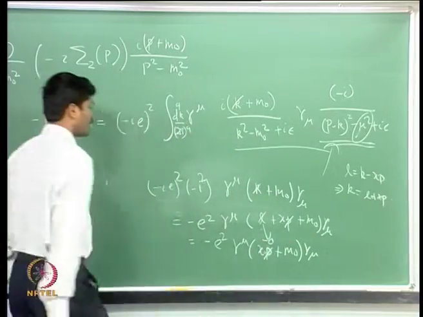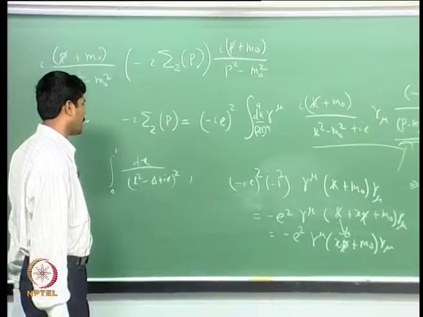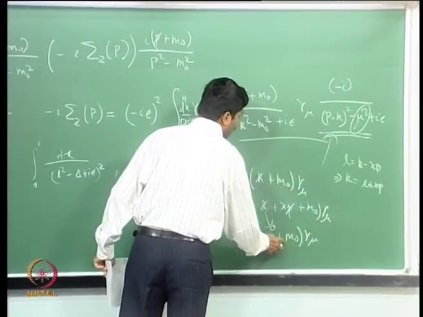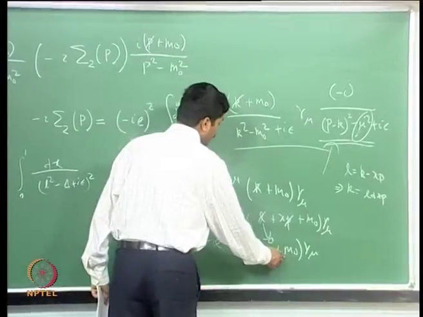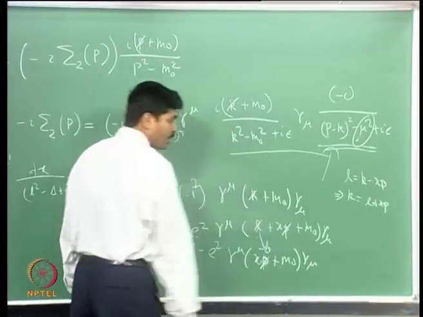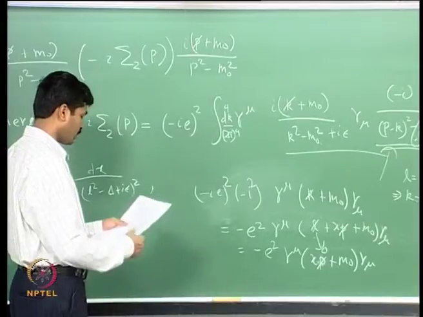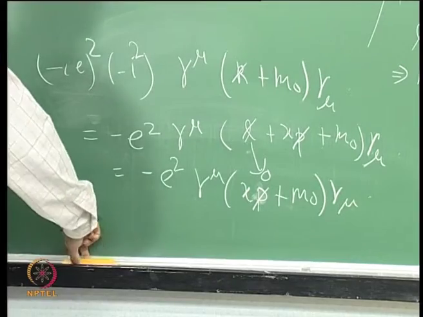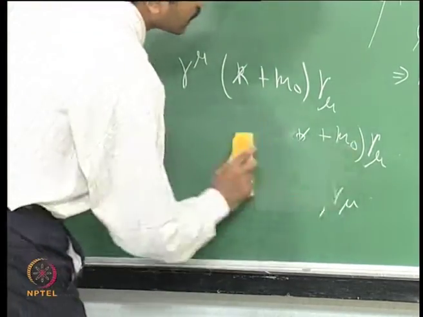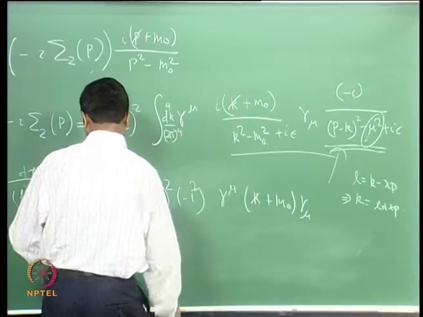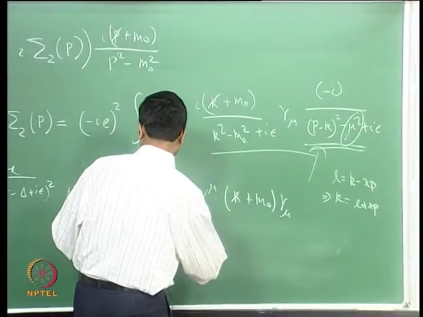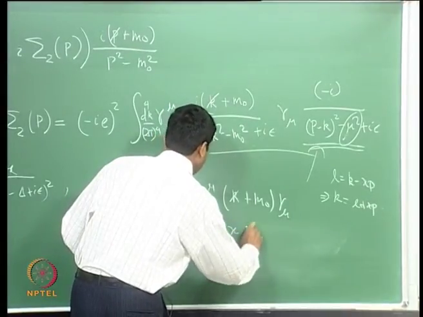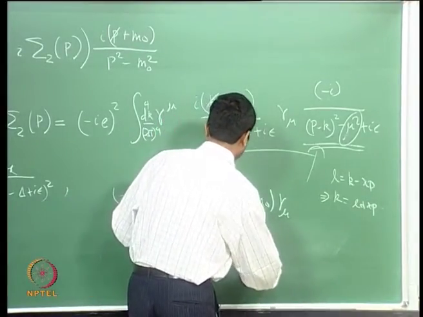This is what we are left with, and you can see if you take the gamma mu inside, gamma mu gamma mu will give you 4 here. So, you have 4 m 0, and gamma mu p slash gamma mu, we have evaluated any number of times, it is simply given by minus 2 p slash. So, at the end of the day, this numerator here is simply given by minus e square, minus 2 x p slash plus 4 m 0.